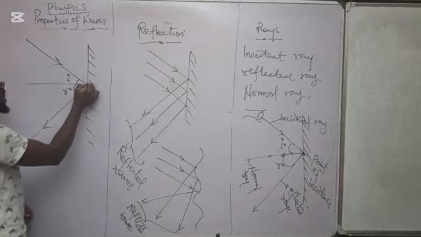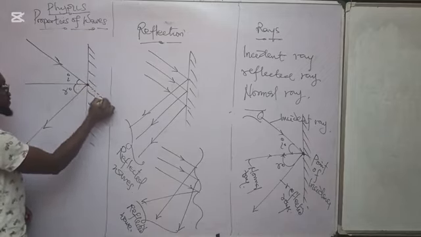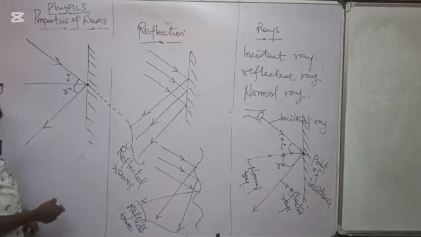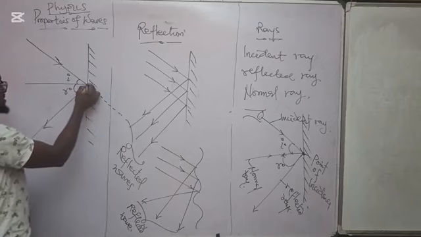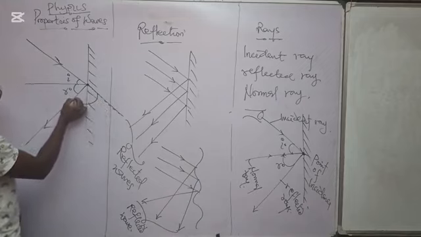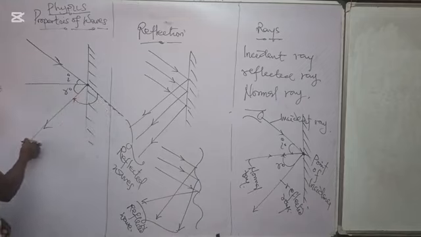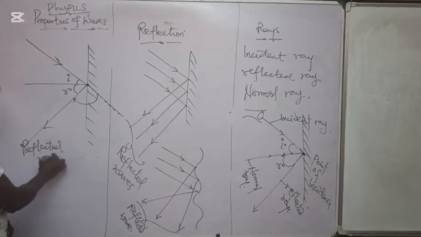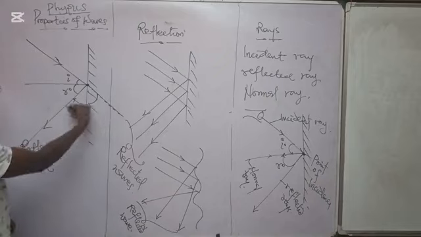Now these rays would have moved through this path if not for the surface. But because of the surface, the ray could no longer move through this path. Rather, it deviates and starts moving through this path. Which means this reflected ray can also be termed a deviated ray, because it deviates from its path.